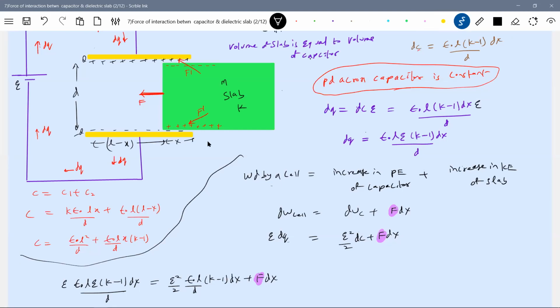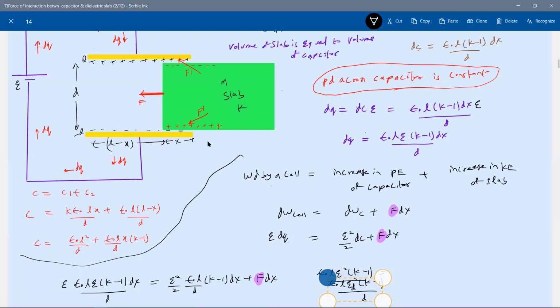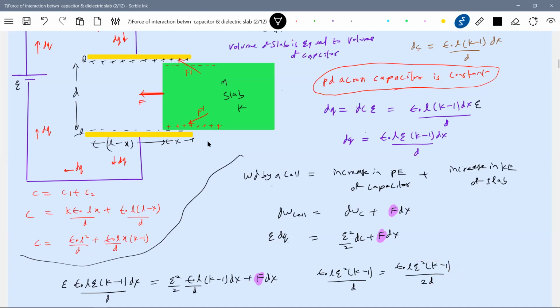After cancelling, this will become epsilon naught L E square (K minus 1) by 2d.